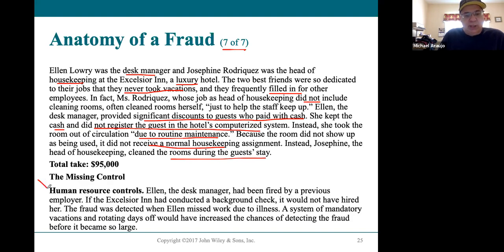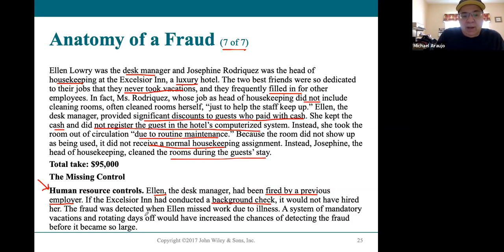So in this case, human resource controls were missing, right? One thing is that the desk manager had been fired by a previous employer. So a background check would have brought that to their attention, and they might not have hired her.